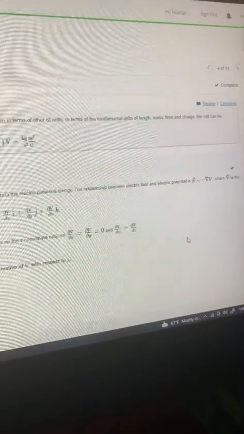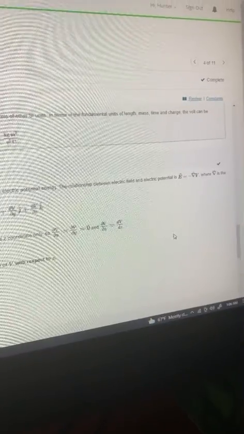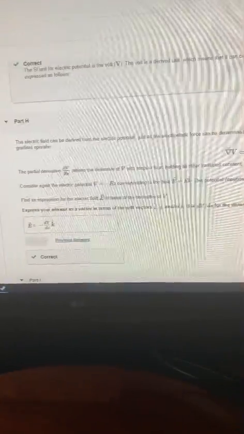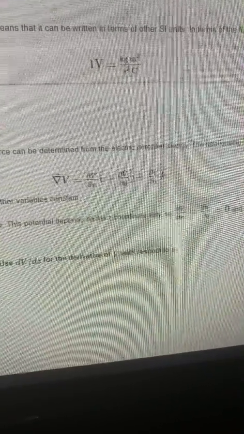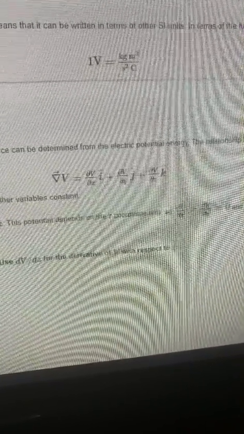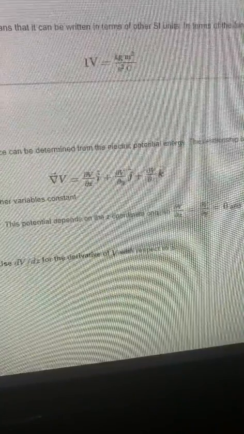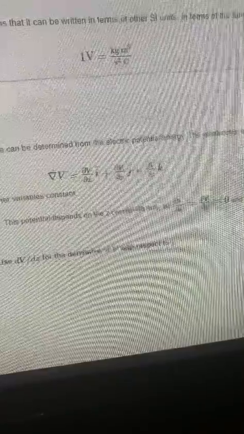Question H asks us, the electric field can be derived from the electric potential just as the electrostatic force can be determined from the electric potential energy. The relationship between electric field and electric potential is E equals negative nabla V, where nabla is the gradient operator. And this equation is given, which is nabla V equals the partial derivative of V over x i plus the partial derivative of V over y j plus the partial derivative of V over z k.